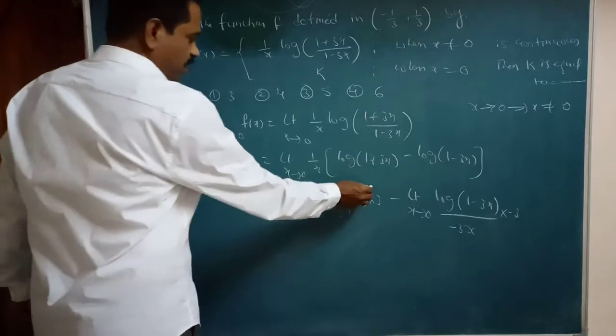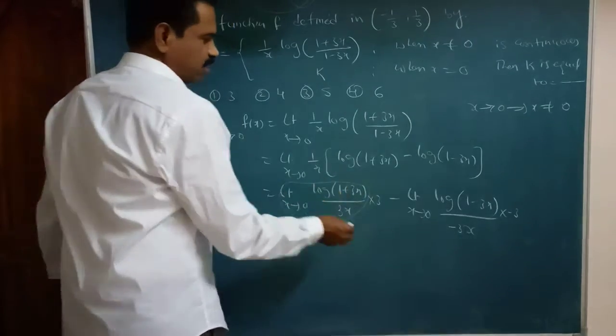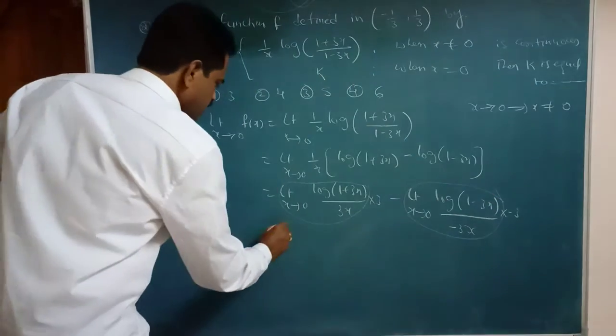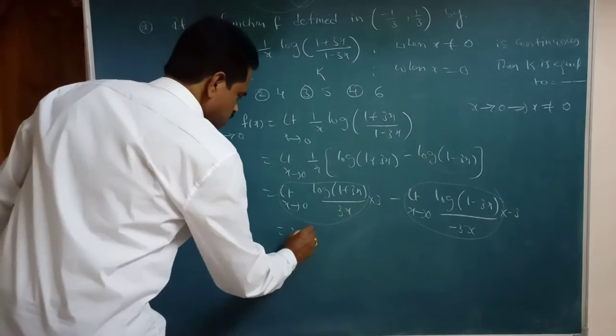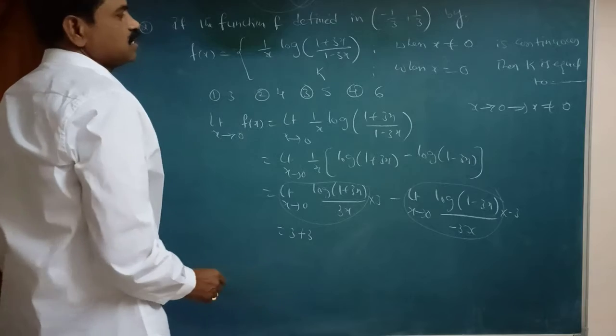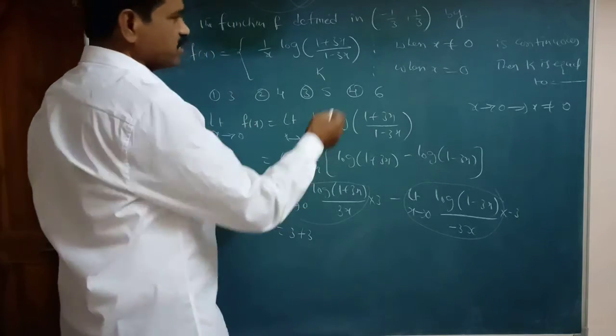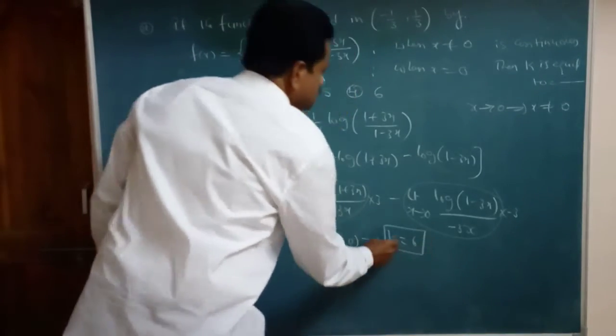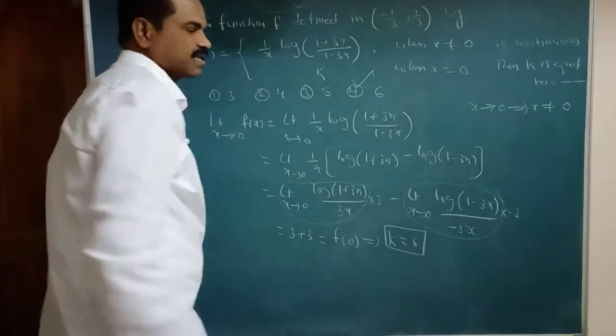We know that log of 1 plus x by x is 1. So it is also 1. So what is the value here? This is 3, 3 plus 3. So it is continuous at x equal to 0, it is f of 0. f of 0 is k. k equal to 6. So the fourth option is correct.